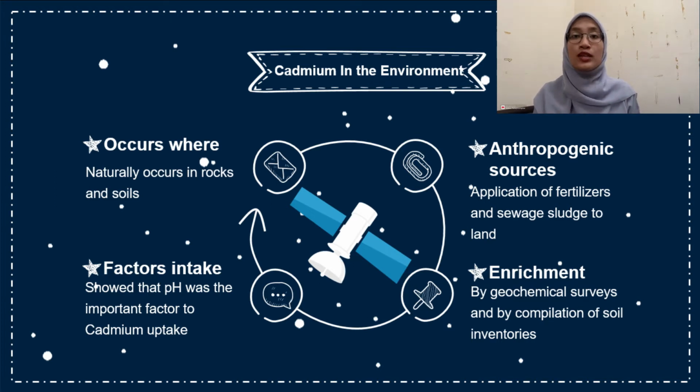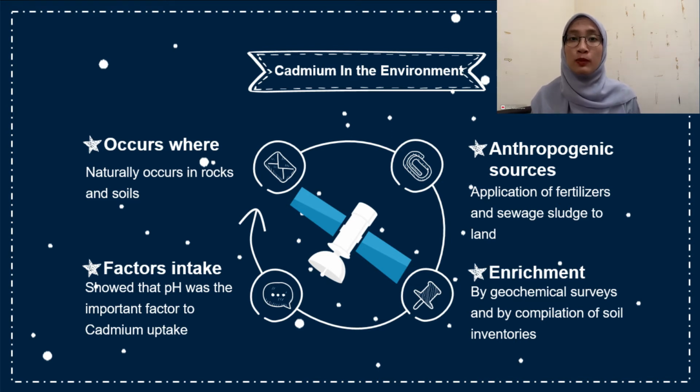This may lead to increased cadmium uptake by crops and vegetables grown for human consumption. Anthropogenic sources, including smelter emissions and the application of fertilizer and sewage sludge to land, may lead to contamination of both soils and crops.